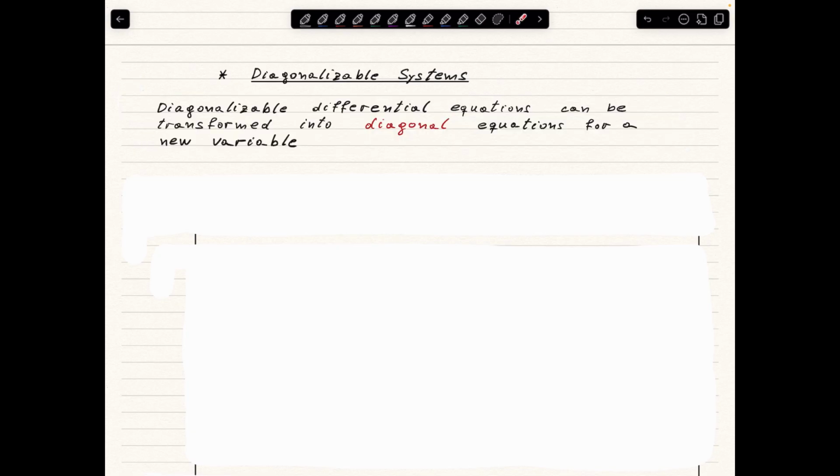One reason is they show up in many physical applications, and the other reason is they are very simple to solve, because diagonalizable differential equations can be transformed into diagonal equations for a new variable. Once you have a diagonal equation, as we saw in the previous example, we know how to solve it, and then we can transform the solution of the diagonal equation back into the solution of the original equation.